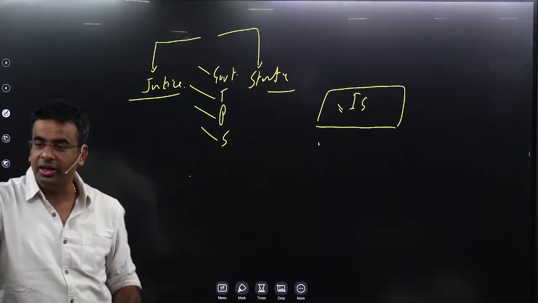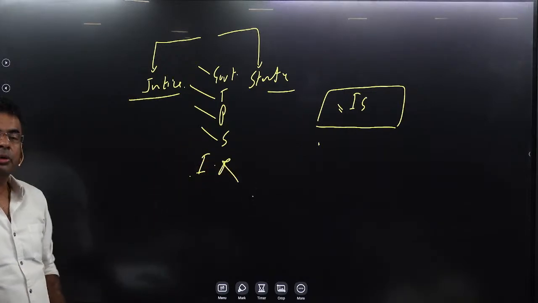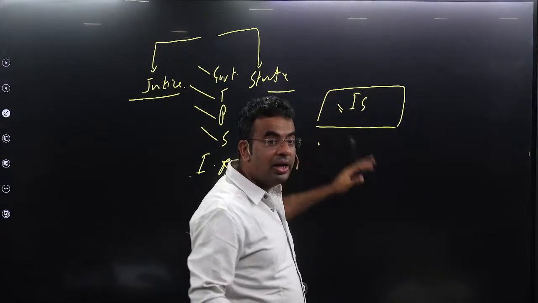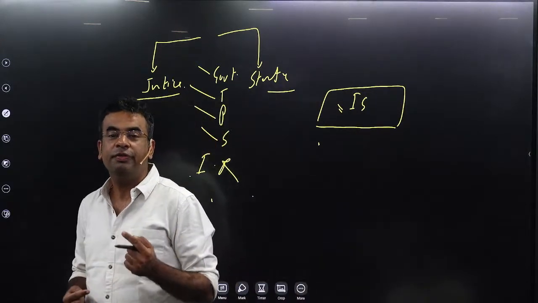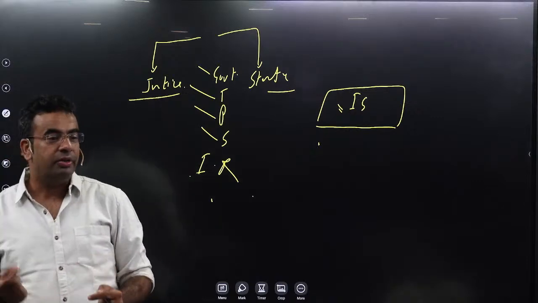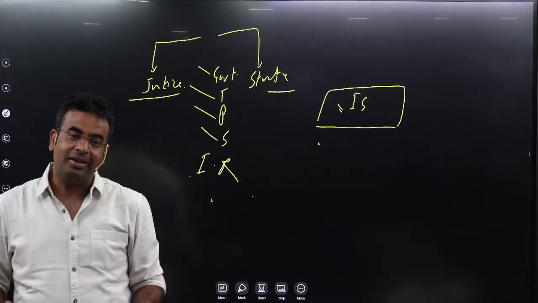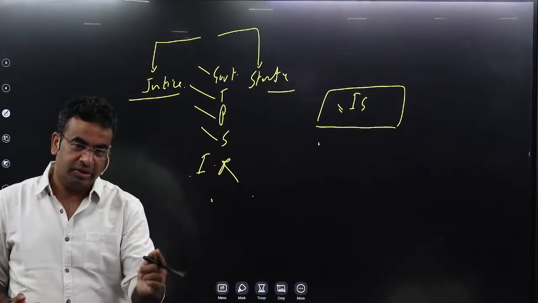So the fourth criterion to become a state is international recognition. We'll talk about all these things tomorrow in the next lecture. So IS was not given recognition by 2/3 members of UN. Till the time a territory does not have recognition from 2/3 members of UN, it will not be seen as a state. It will be a disputed entity in world affairs.